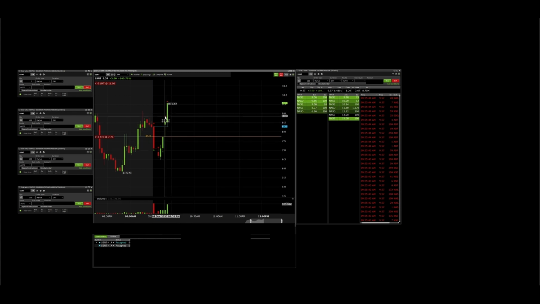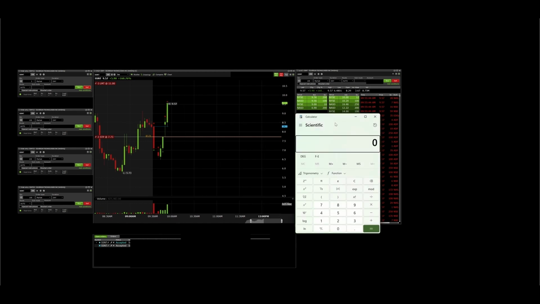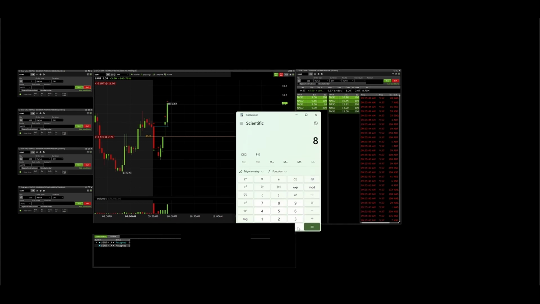I set the other one at 10, arbitrarily higher than the current price, just so that it doesn't execute right away. And then I changed it up to 11 because it halted. It is continuing to move upwards, and I again don't want it to execute right away. It's more so there for the stop loss.